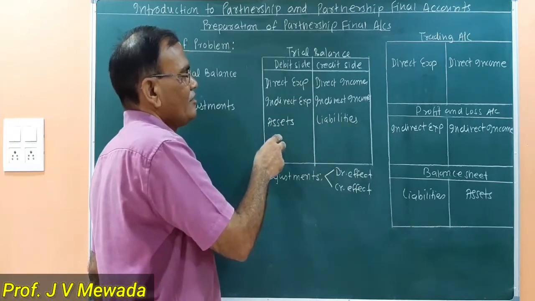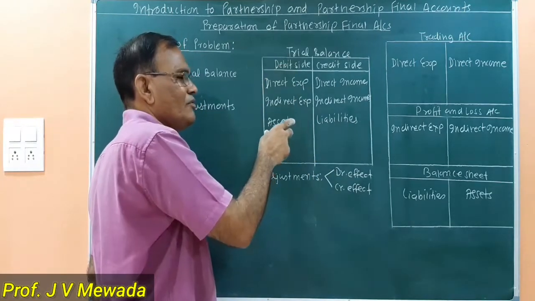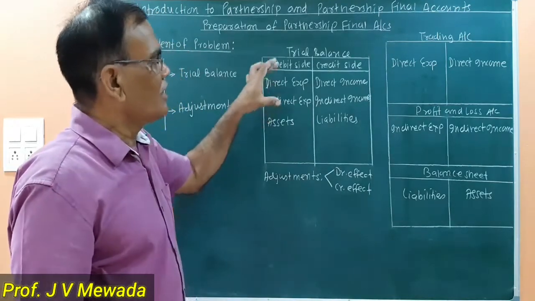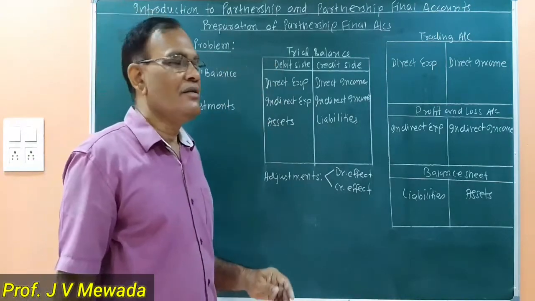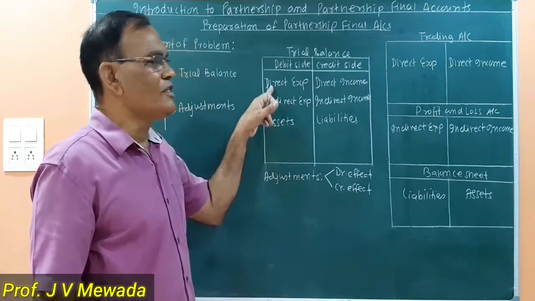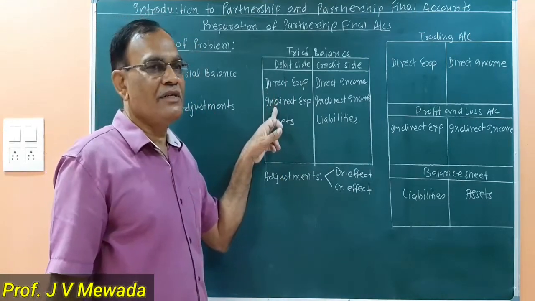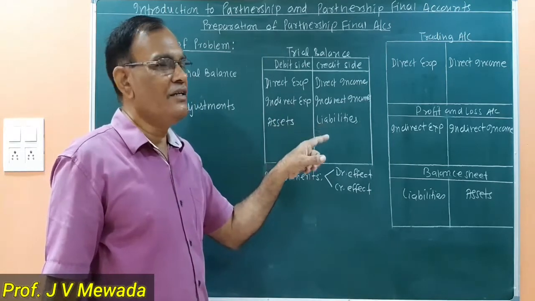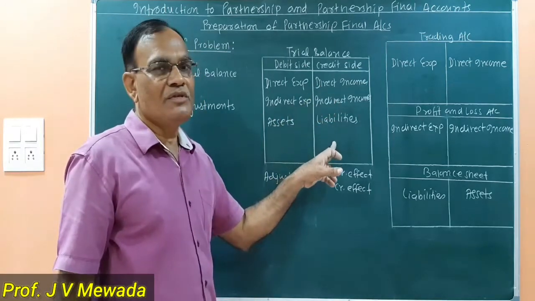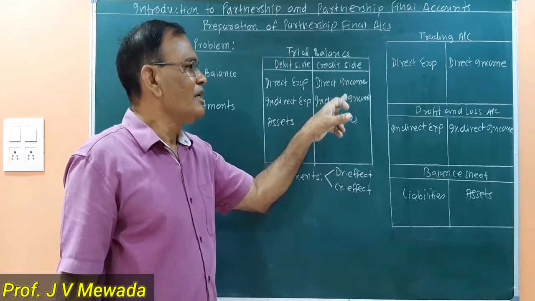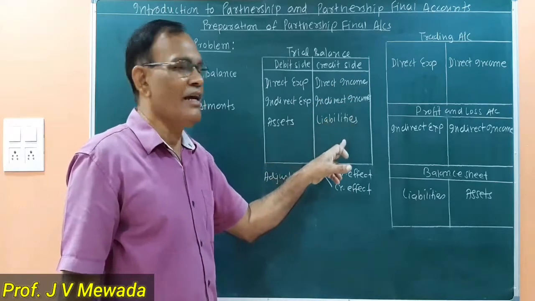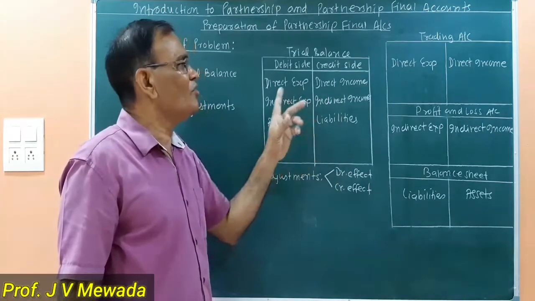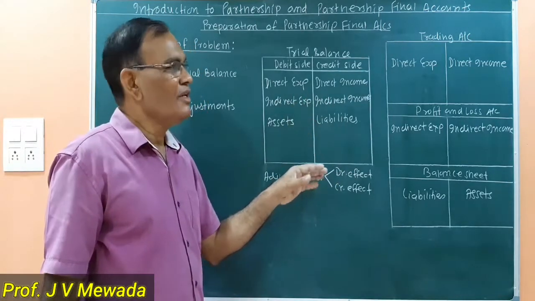On the debit side, whatever items are given, we classify into three parts: expenses, which are of two types, direct expenses and indirect expenses, and other items, which are assets. On the credit side, we classify the items as direct incomes, indirect incomes, and liabilities. So these are the six types of classification that we are doing in the trial balance.